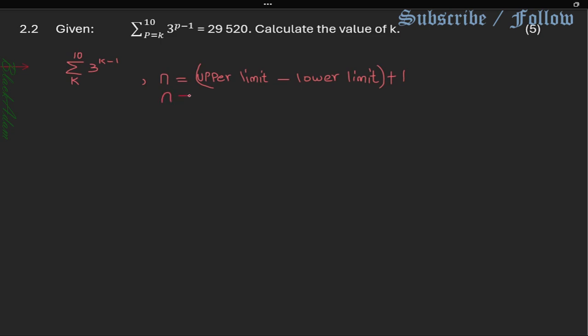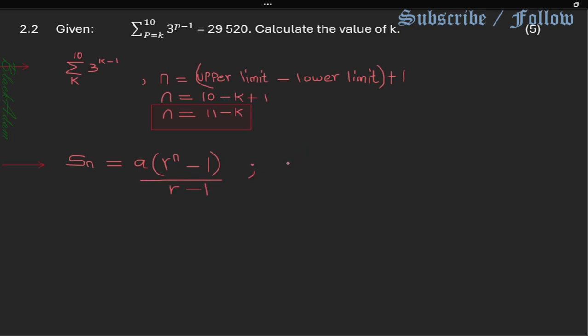So we see that the upper limit is 10, so the number of terms is 10 minus k plus 1. So that makes n equal to 11 minus k. That's the number of terms, which is n. The other thing that we're going to do is change the sigma notation into the sum of n terms, which is S_n equals a times r to the power n minus 1, all over r minus 1.